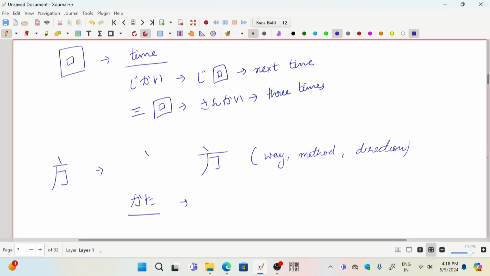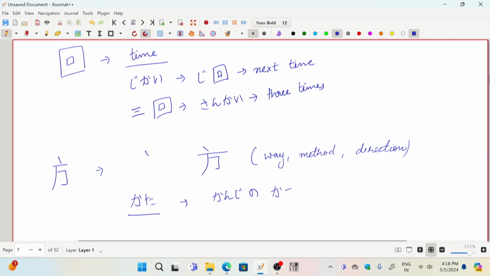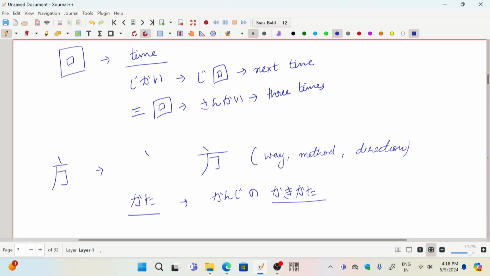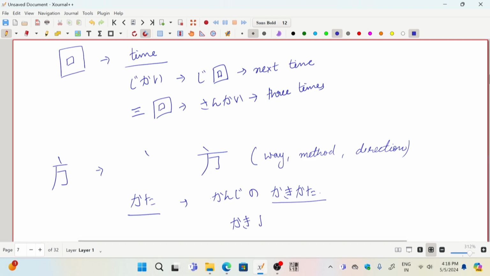So when we say kanji no kakikata, kakimasu means to write. So what we do is we cut the mas and add kata, kakikata, which means way to write.